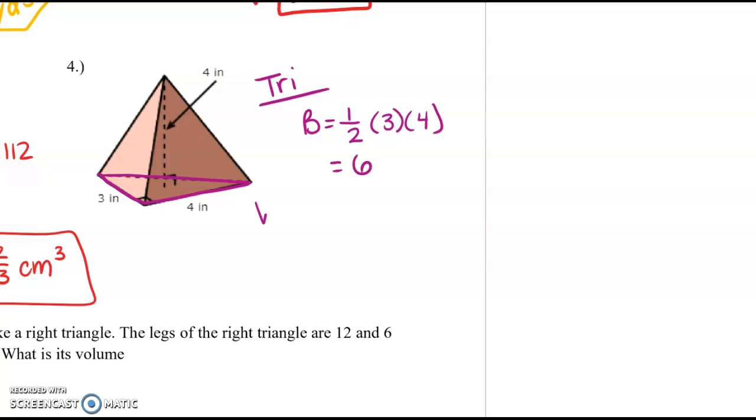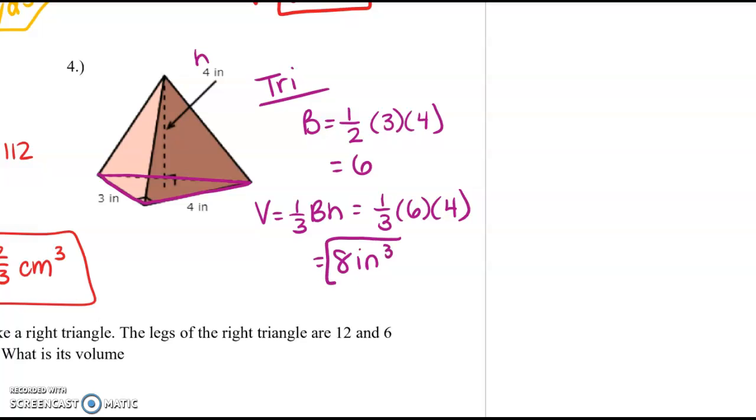My volume is 1/3 times big B times H, and H is what I haven't used yet, which is the 4. So 1/3 times 6 times 4. I'll just use my separate calculator and we get 8. So that's 8 inches cubed.